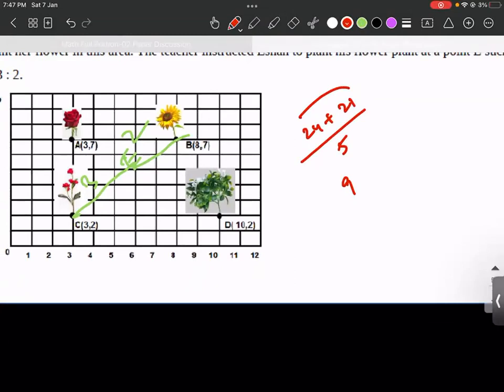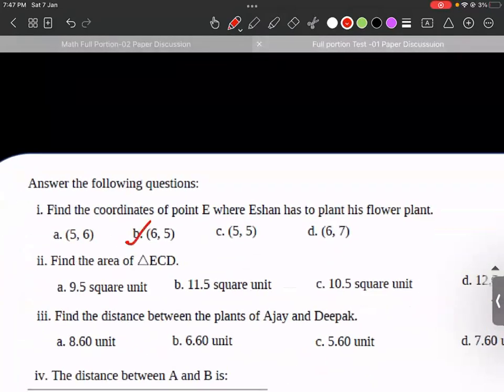Oh, sorry. 24 plus 2 into 3 is 6. This is 6. 21 plus 4, 25 by 5. 25 by 5 is 5. 6,5 the answer. Yes, sir. So can you explain it again? I didn't understand.